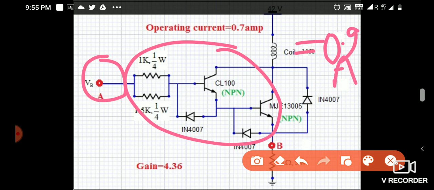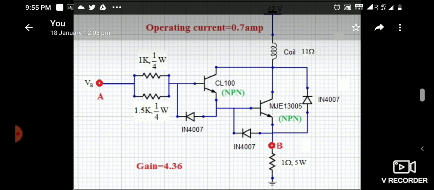We know feedback is coming from the mechanical system, and current feedback is coming from the current sensor.